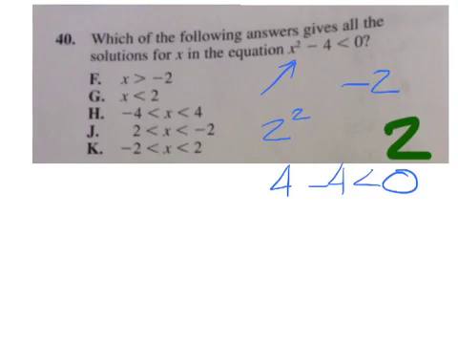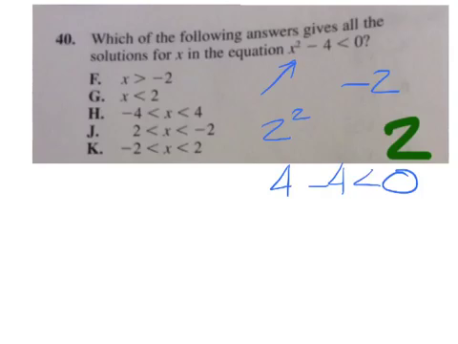On this problem, you're going to have to find something that you can put in for x that will still make this inequality less than 0. If I put a 2 in there, 2 squared is 4. 4 minus 4, is that less than 0? No, so it can't be 2. What if I put a negative 2 in there?